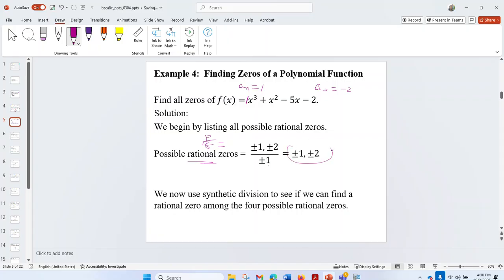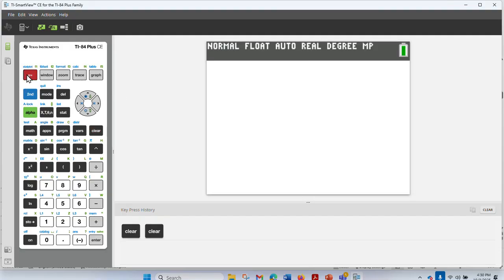So you have 4 possible zeros: 1, 2, -1, -2. Using synthetic division to find a rational zero among the 4 possible rational zeros, but I'm not going to do all 4 of them. We are using the graphing. That's the quick and easy way.